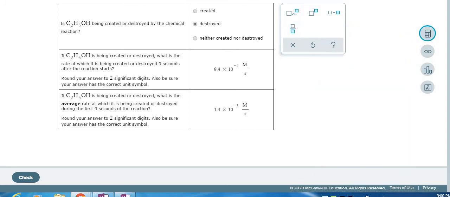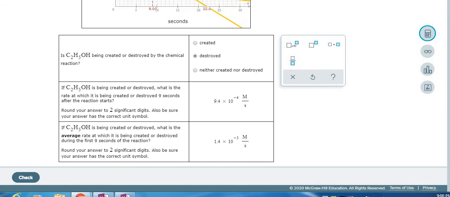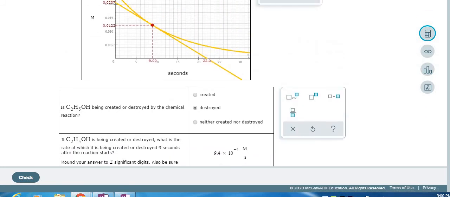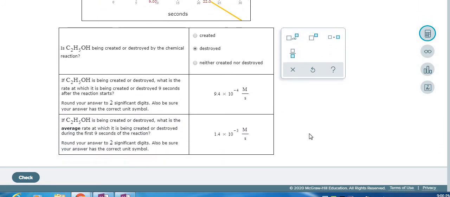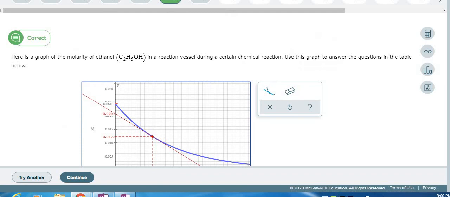Okay, so using the tangent line, calculating the slope of that tangent line at that point, we are able to get the instantaneous rate by drawing that tangent line, and then also we're able to get the average rate by taking the change in concentration over the interval that we're interested in. So if we click on check here, we should be able to get these right, and we did.